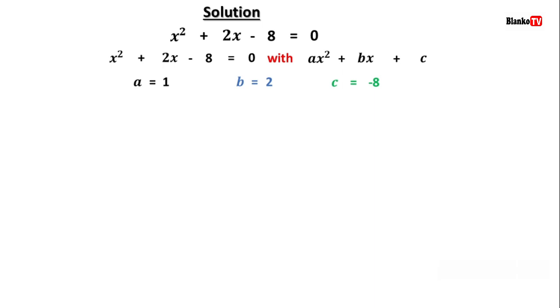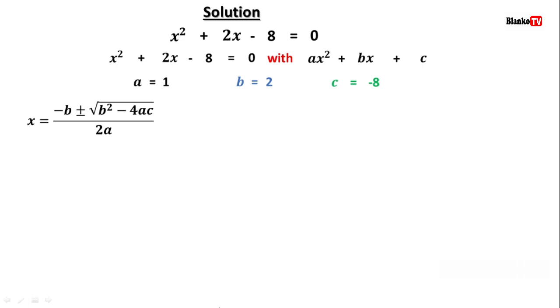Okay, so we use the formula x equals negative b plus or minus the square root of b squared minus 4ac all over 2a. So this is the quadratic formula, and we are going to use this formula to solve this quadratic equation.